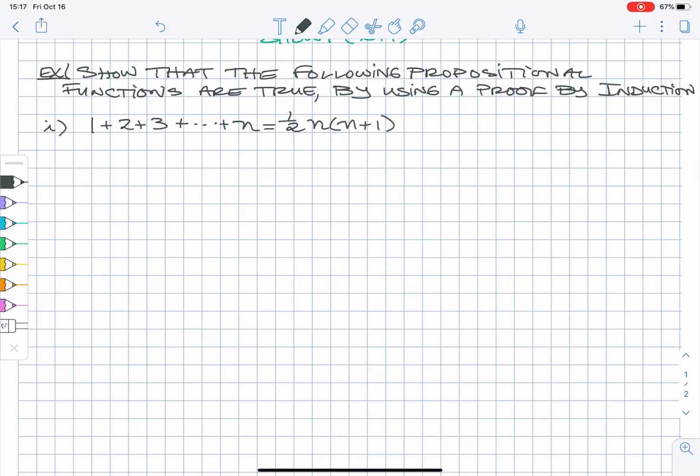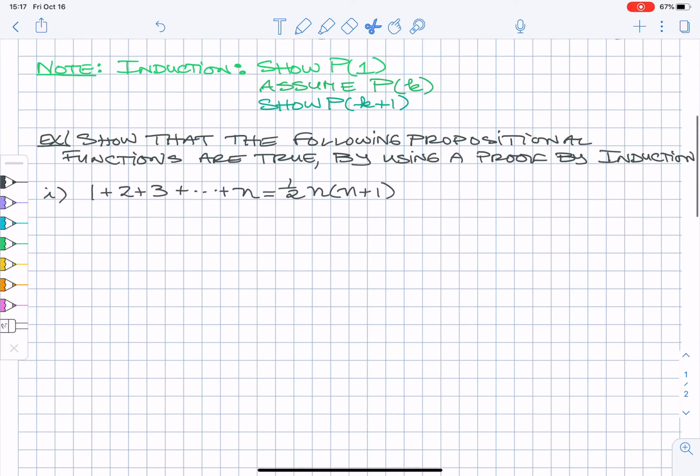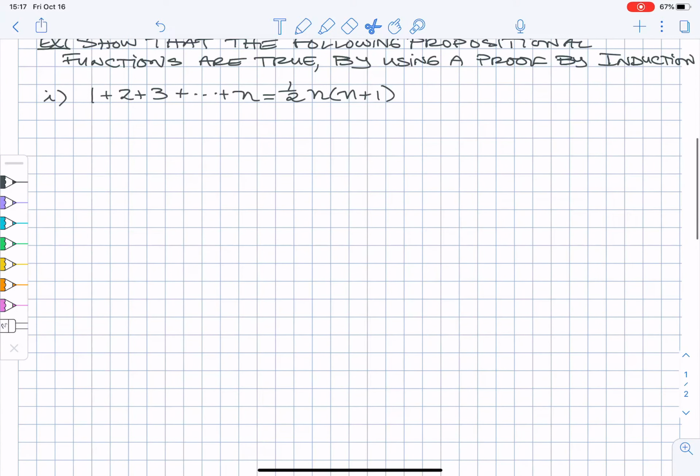So notice I don't have f of n or p of n is equal to here, right? That's what we mean by a propositional function. I have what looks like one function on the left and another function on the right. So basically 2 propositions. I propose that the left-hand side is equal to the right-hand side. Okay, so let's prove this by mathematical induction.